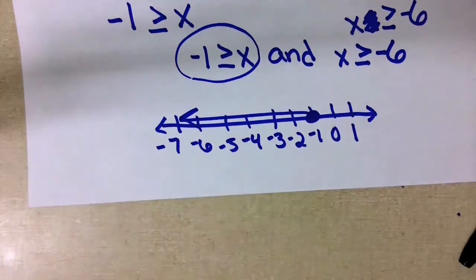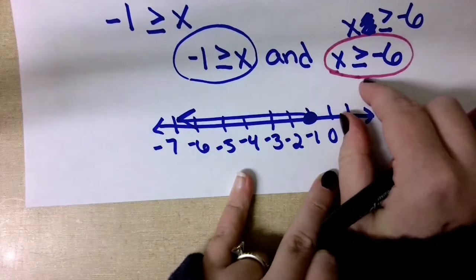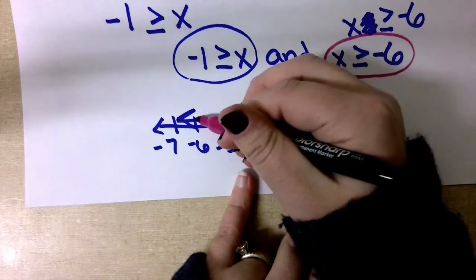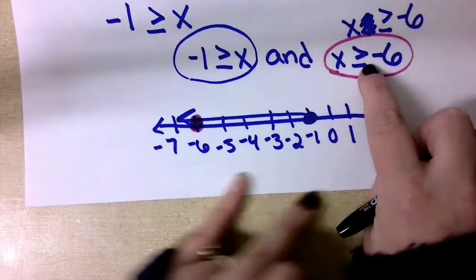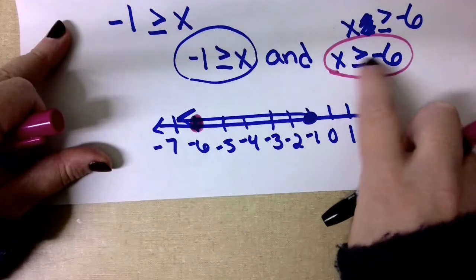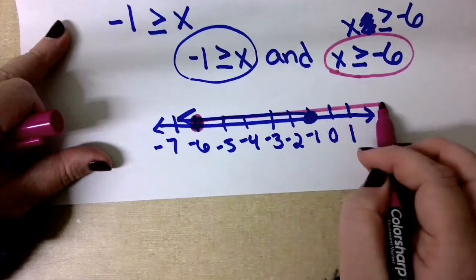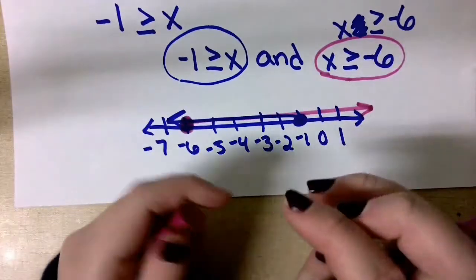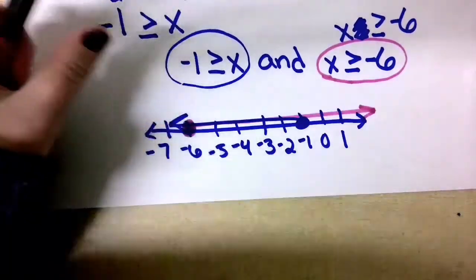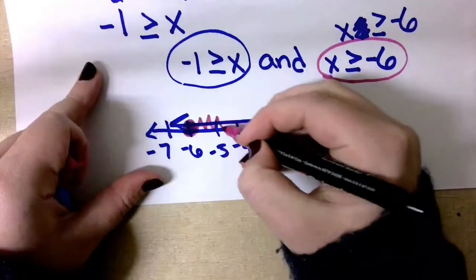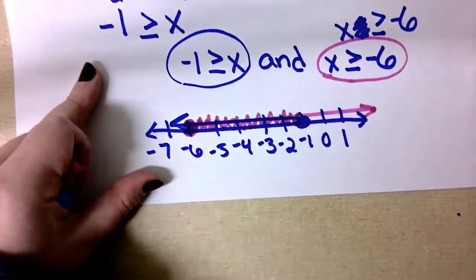And I'm going to do this one in pink. x is greater than or equal to negative 6. So go to negative 6, close the circle, and it's x is greater than, so all numbers greater than negative 6, which is this direction. Now if you notice, I told you it's only where it overlaps. So our final answer is just the information for the numbers that fall between negative 6 and negative 1.